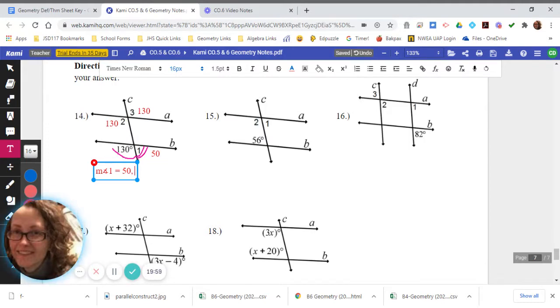And that is because angle 1 and the given, so my given number here and my angle 1, are congruent.